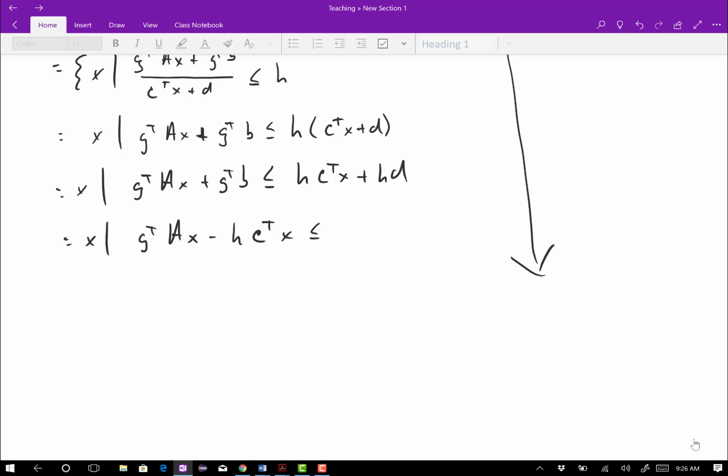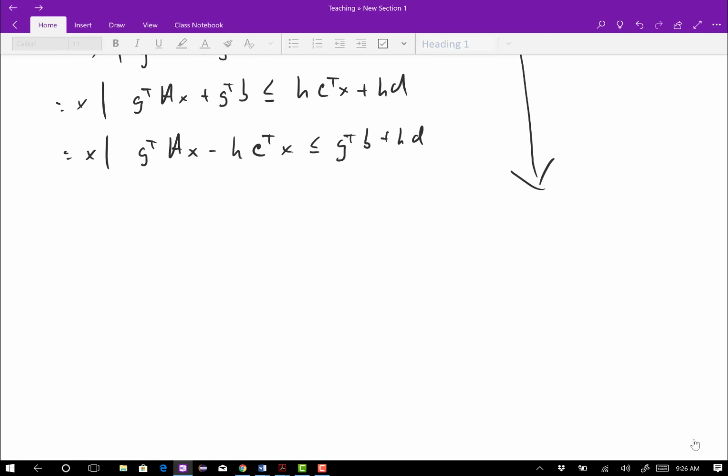These terms are going to be constants, G transpose b plus HD on the right-hand side. And now I just need to manipulate this a little bit further, and it'll become very obvious that this is a half space. So this is going to be x's such that what I'm going to do is I want to factor out the x here. And I'm also going to write this as a vector transpose times x.